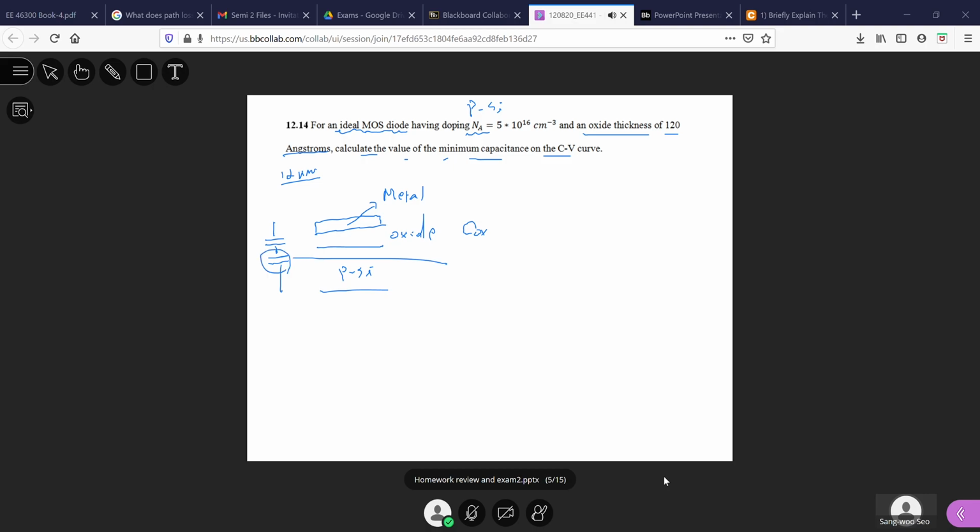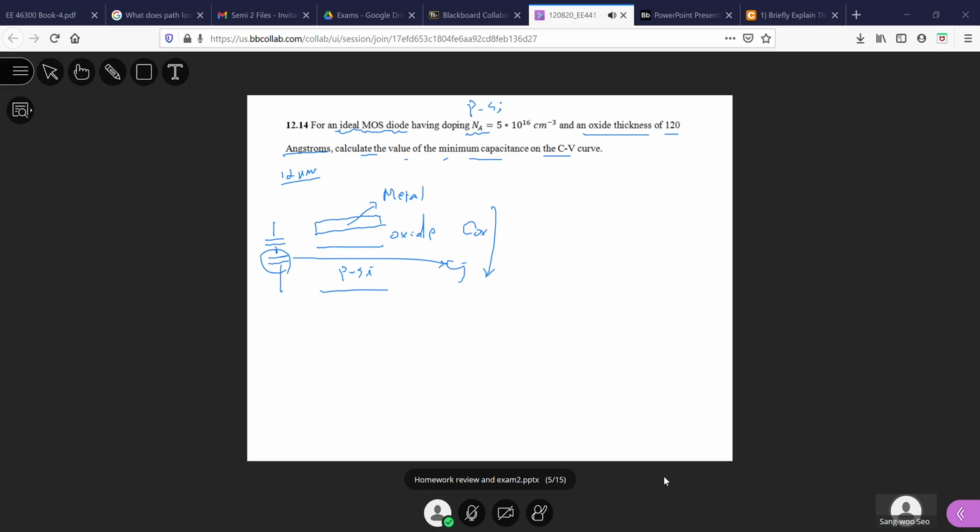Typically this one is coming from the junction capacitance in the semiconductor. These two capacitances are connected in series.